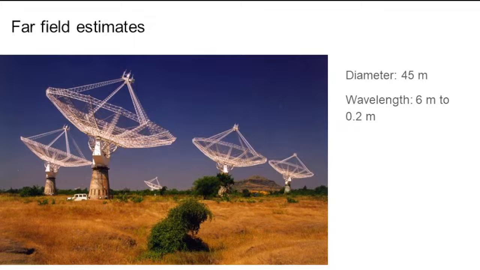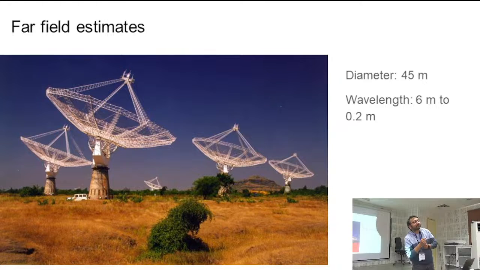What else? Sun. Okay. Some bright source on the sky. Yeah. Sun, you said. Why sun of all the sources? No, because it's very bright. Okay, it's very bright. It's also variable.